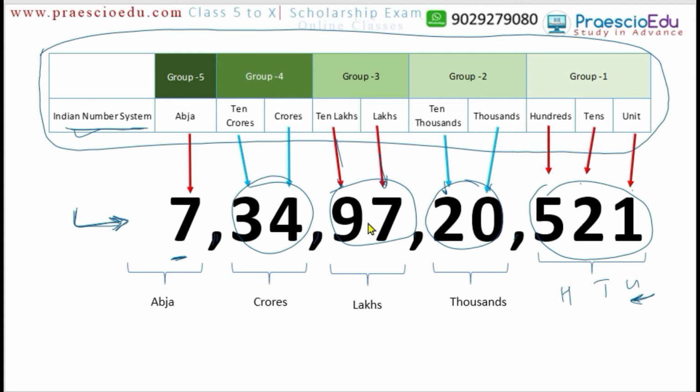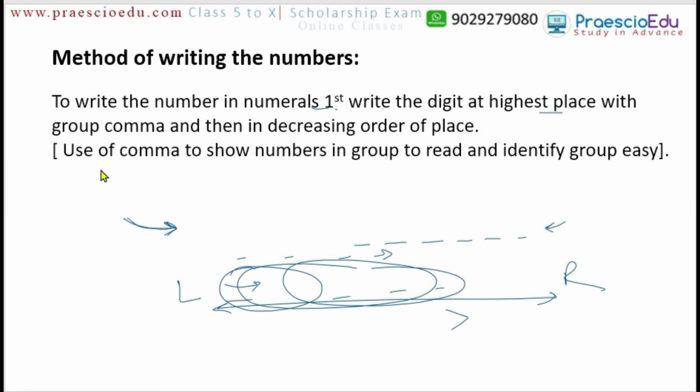You will recognize how much easier the identification and reading becomes. So this small exercise you can do by yourself also. As I said, they use the comma to show numbers in groups, to read and identify the groups very easily. So this is the method of writing the numbers or reading the numbers.